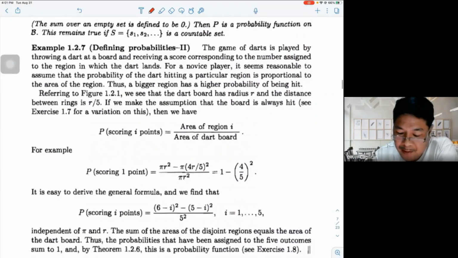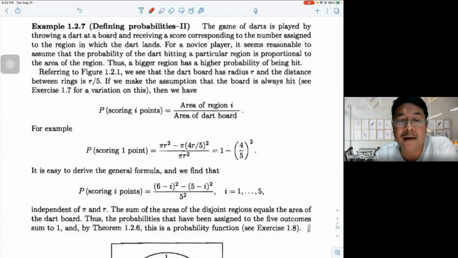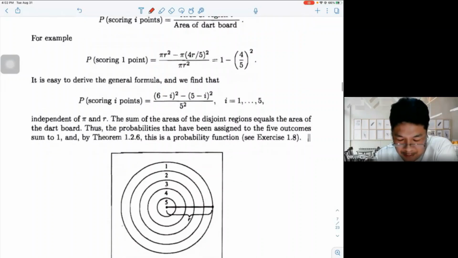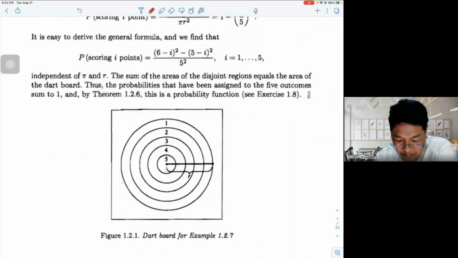For a novice player, it seems reasonable to assume that the probability of the dart hitting a particular region is proportional to the area of the region. Thus, a bigger region has a bigger probability of being hit. So referring to figure 1.2.1, we have a dartboard. So we have these regions.